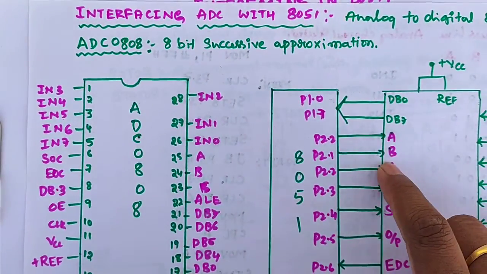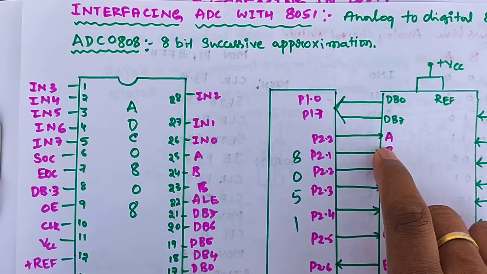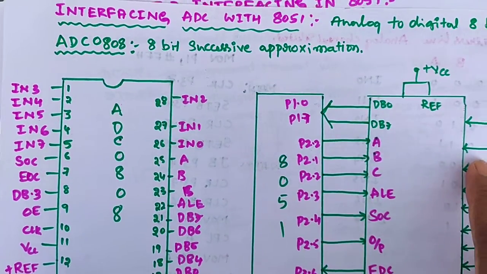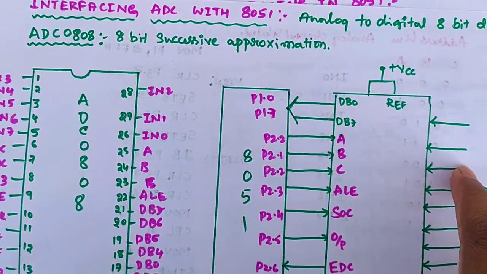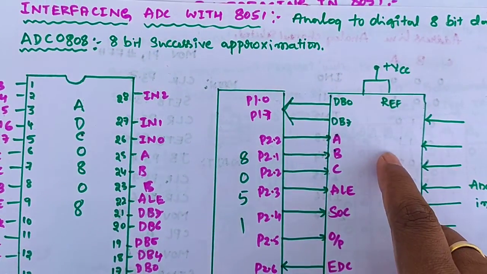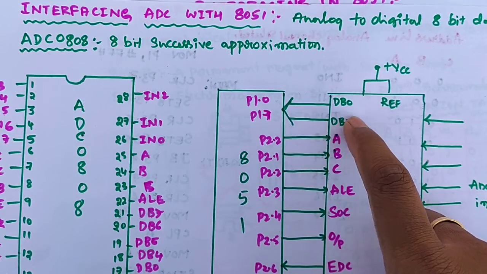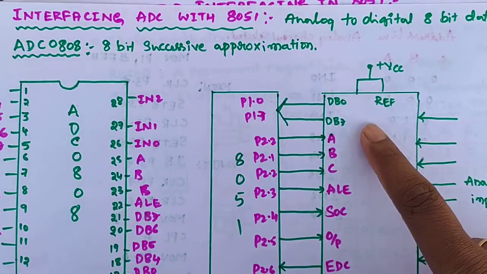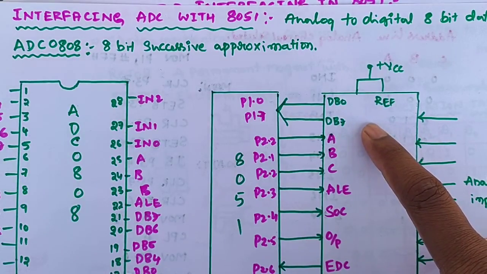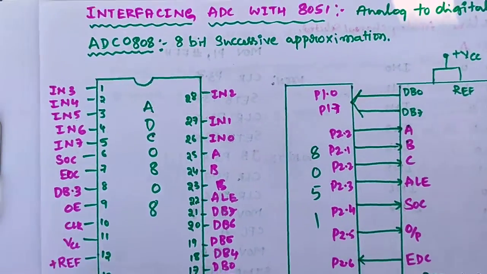This 010 signal will be sent by your microcontroller, so analog input from channel 2 will be selected and converted into a digital bit pattern. Likewise, any one analog input will be selected and converted into digital information based on these selection lines.